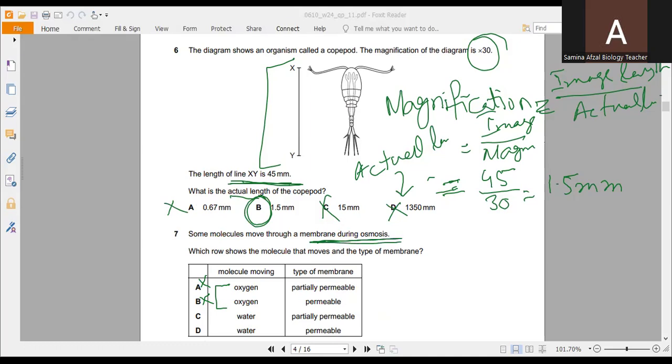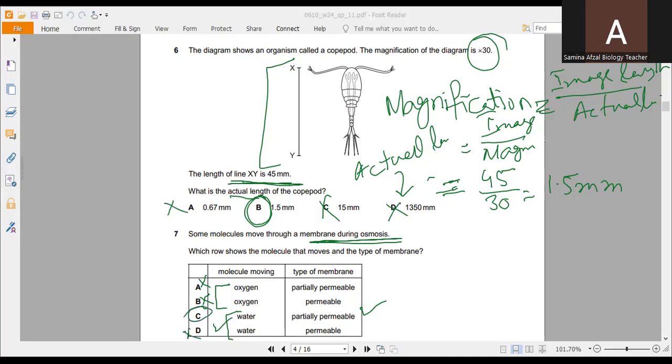During osmosis, only the movement of water molecules takes place, from higher water potential towards lower water potential through a partially permeable membrane. So C is the correct option.